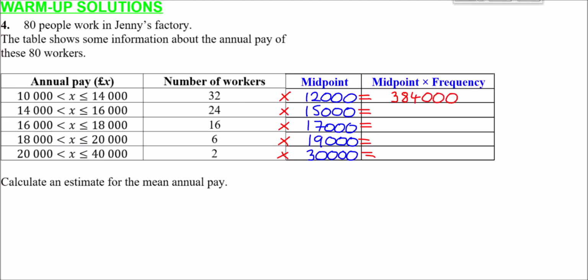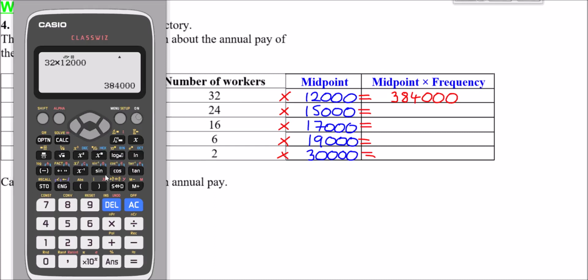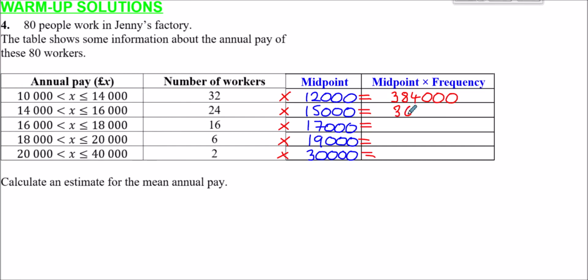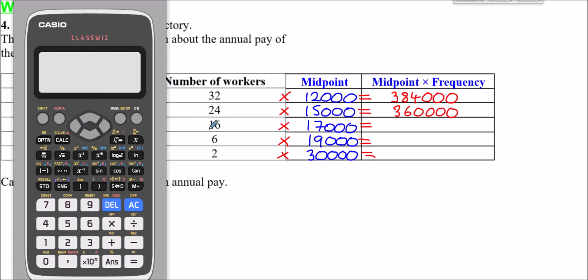The next one, 24 times 15,000. Let's see what that gives us. So 24 times 15. 360,000. The next one, 16 times 17,000. Always check with a calculator, just so you're not making any silly slips.